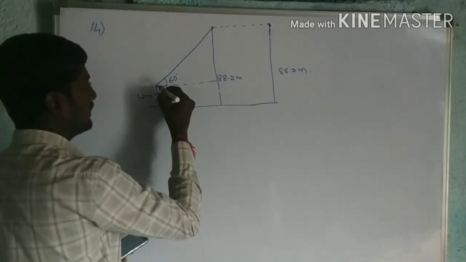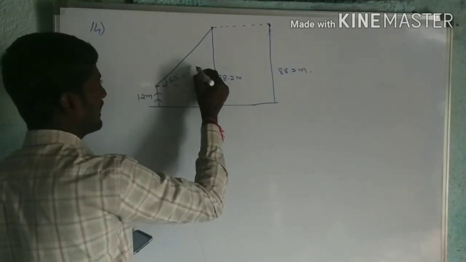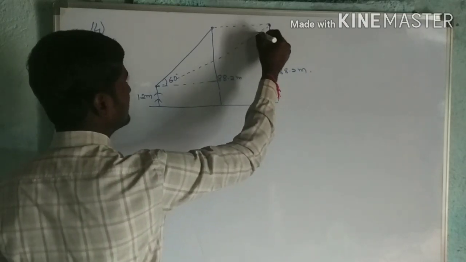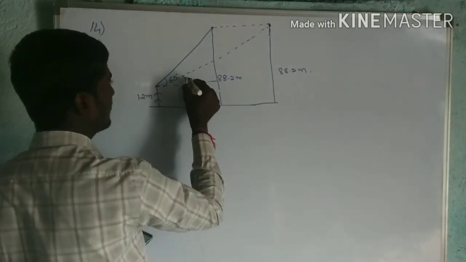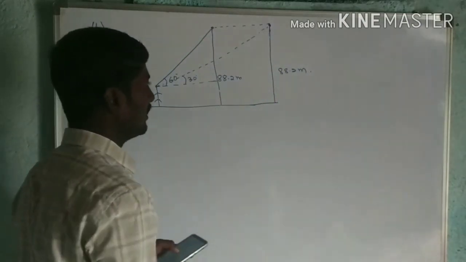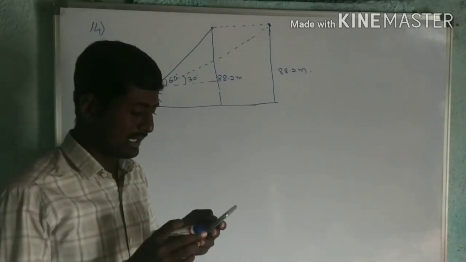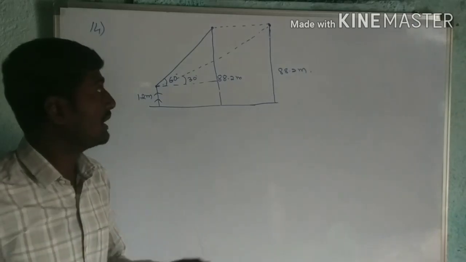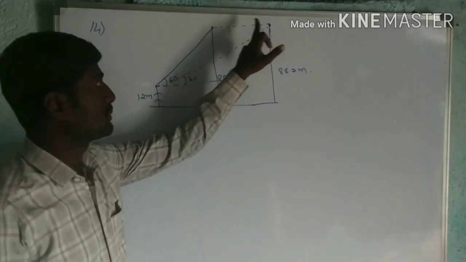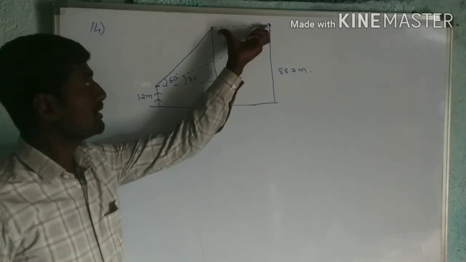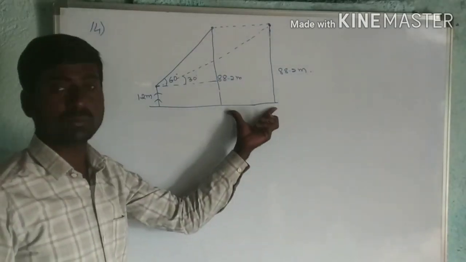The angle of elevation will be 30 degree, as they said. Now we have to find the distance traveled by the balloon during the interval. From this position to this position, the balloon will come. What is the distance traveled by this balloon? So this distance or this distance, both are same.